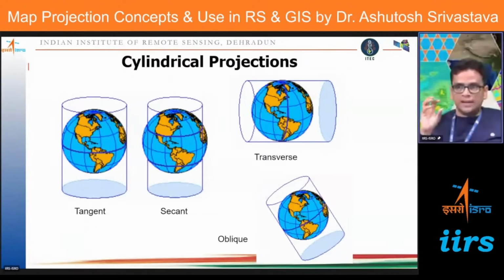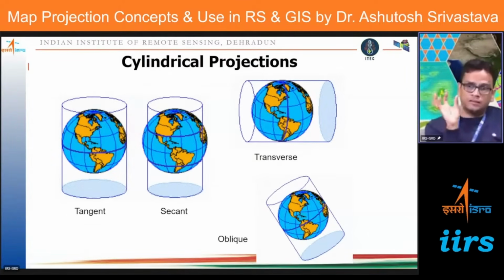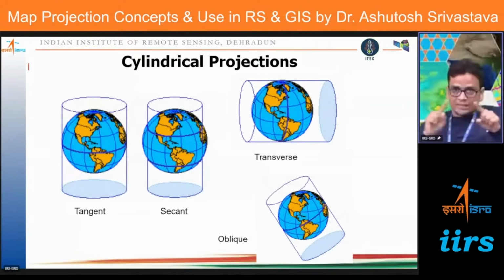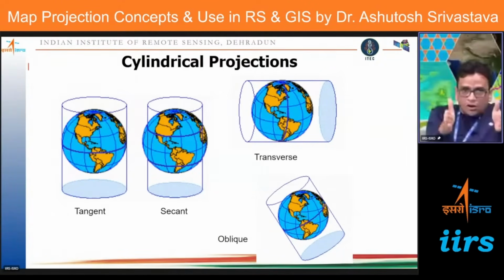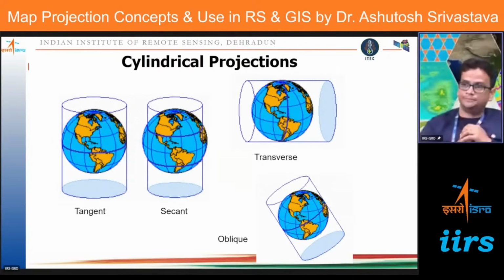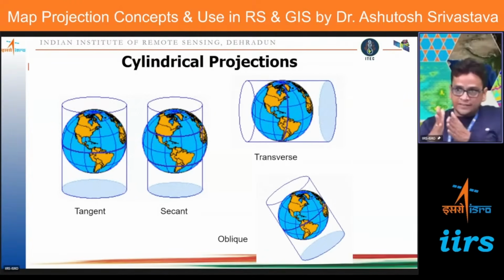In this cylinder, we have chosen a cylinder where the radius is almost equal to that of the ellipsoid, or whatever three-dimensional object we are using. When this is equal, the surface of the cylinder will just touch the ellipsoid.